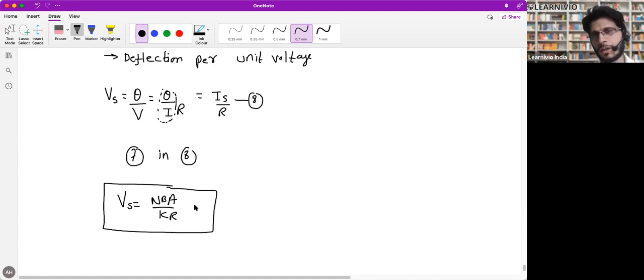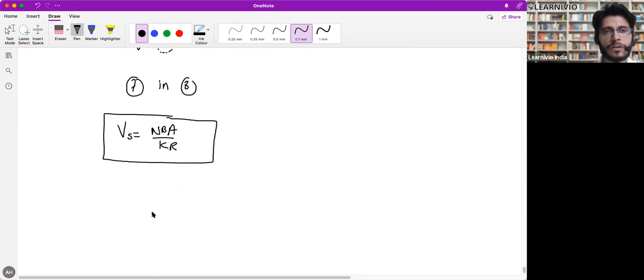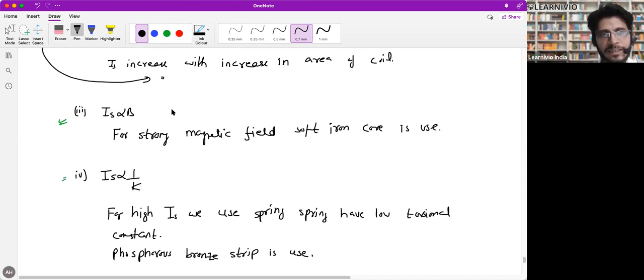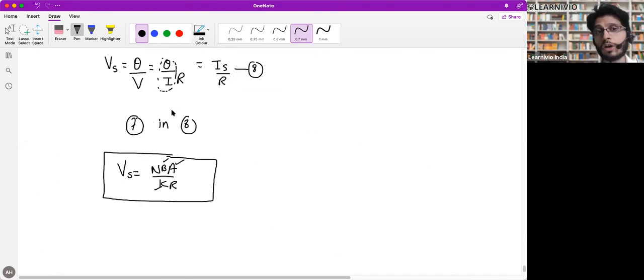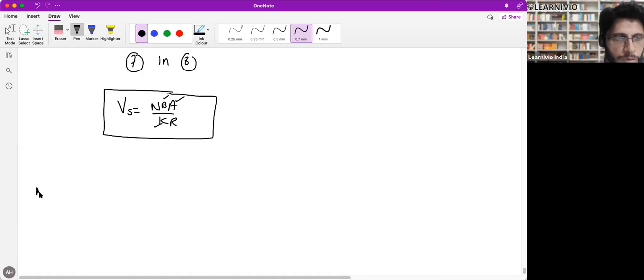There's a difference between current sensitivity and voltage sensitivity. Current sensitivity is NBA by K. In voltage sensitivity, we have an additional term which is R. So if you want to increase voltage sensitivity, you can increase B, you can increase A, you can decrease K, just like current sensitivity. But if you increase N, then voltage sensitivity will not increase. If we increase N, then current sensitivity will increase, but not voltage sensitivity. So I'm writing this thing here.